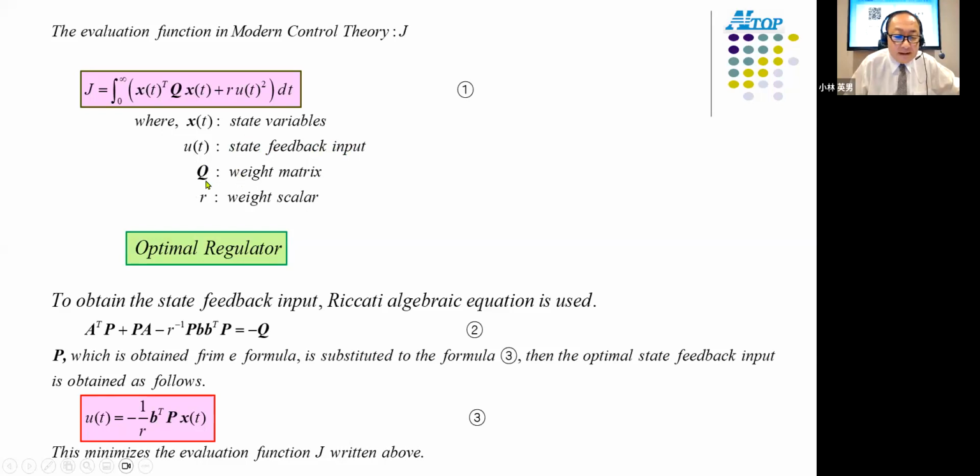Q is a weight matrix, R is a weight scalar, sometimes a weight matrix. But in this case, I give R as a scalar, for simplification.